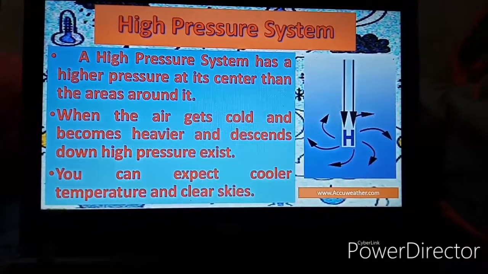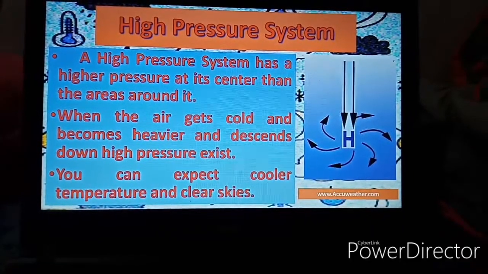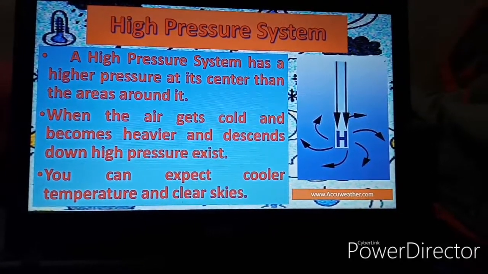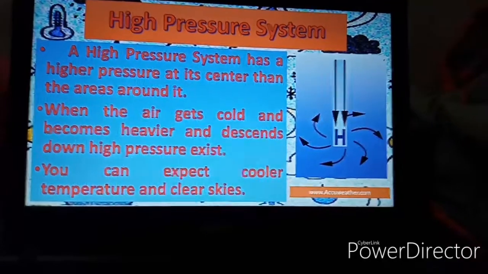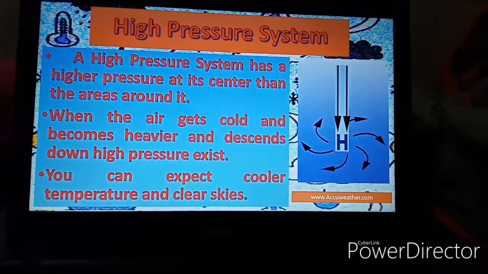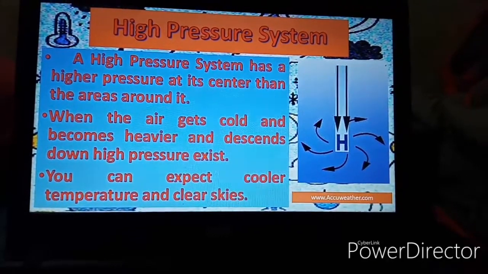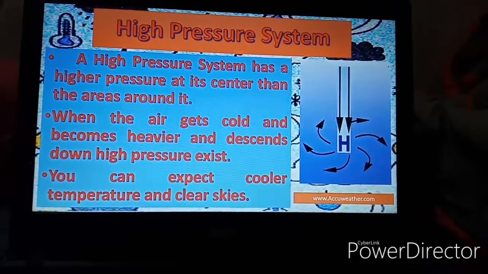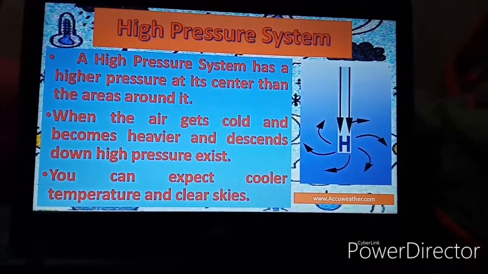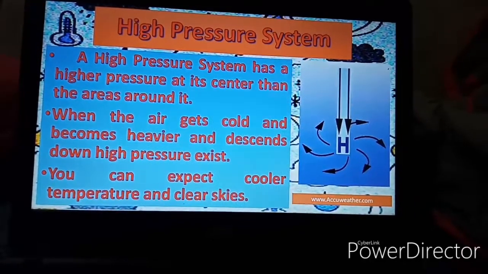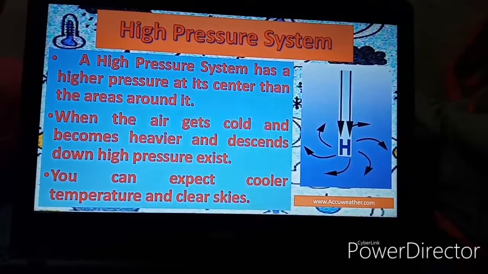You can expect cooler temperatures and clear skies. The high pressure system is the complete opposite of the low pressure system. Here, the weather during high pressure is very clear and very good, and it is ideal weather for people to have vacations and many more.